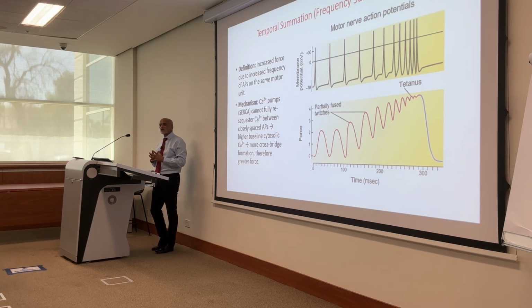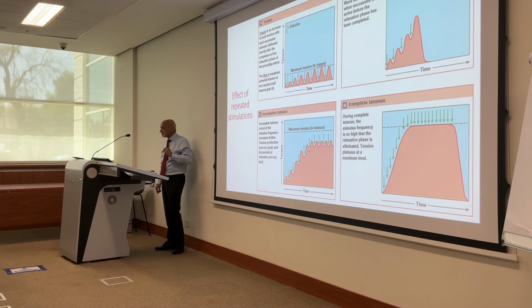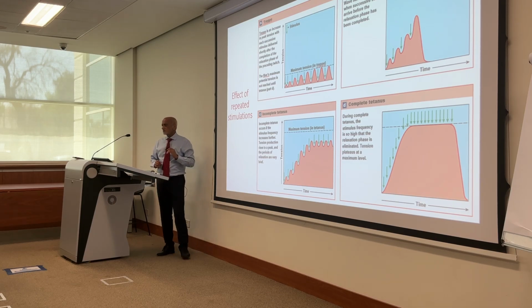Because the calcium cannot be pumped fast enough back into the sarcoplasmic reticulum, meaning it's there, meaning the actin binding site will be revealed, and you will continuously get cross bridges. And therefore, you will get increased muscle contraction or force. Are we okay so far? Good. Take this one step further now.